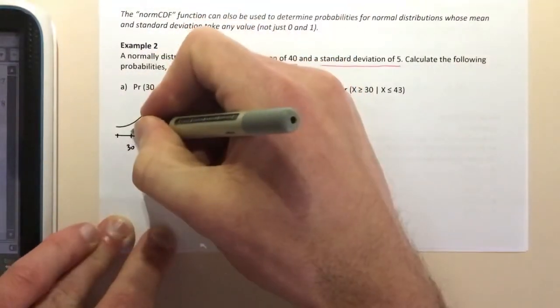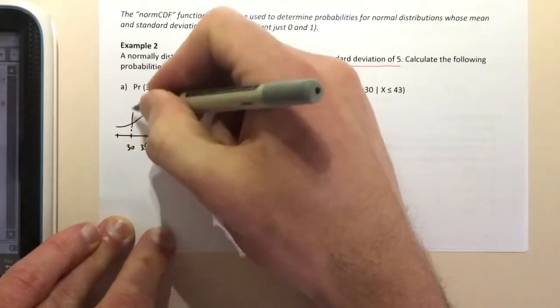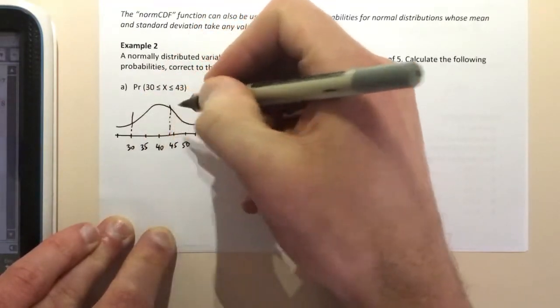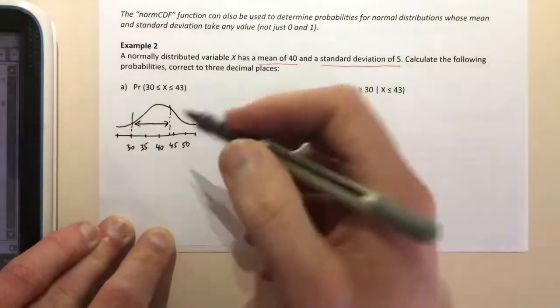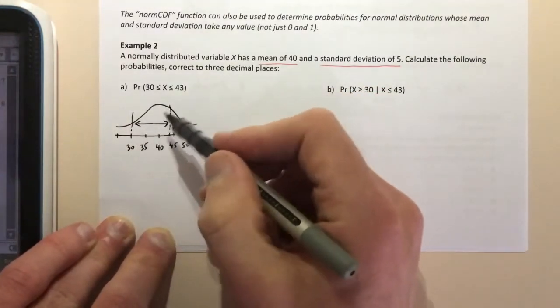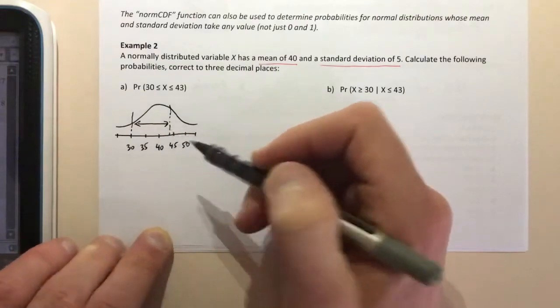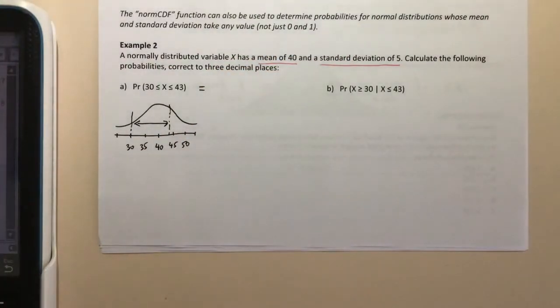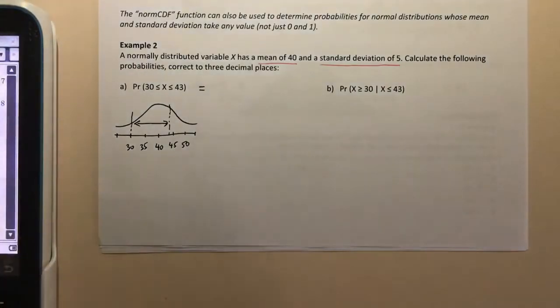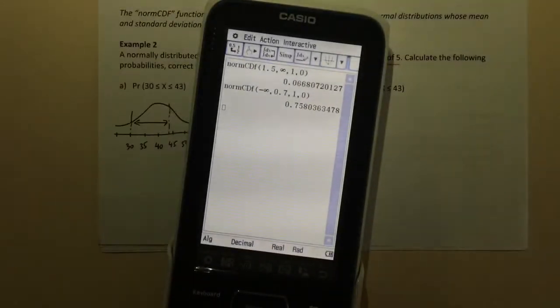This is just good for visualizing the question. We're looking for between 30 and 43. Now it's a little bit harder to eyeball these when they're between two values, but just to look at it closely, maybe it's going to be a bit over half. It looks like a pretty decent chunk of the distribution here, so we're certainly not expecting a really small probability. To me, that looks like it's going to be a bit more than half the distribution, but of course we're going to get it on the calculator anyway, just to be sure.